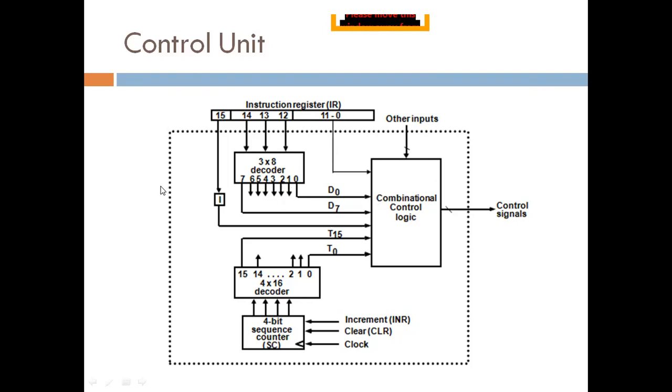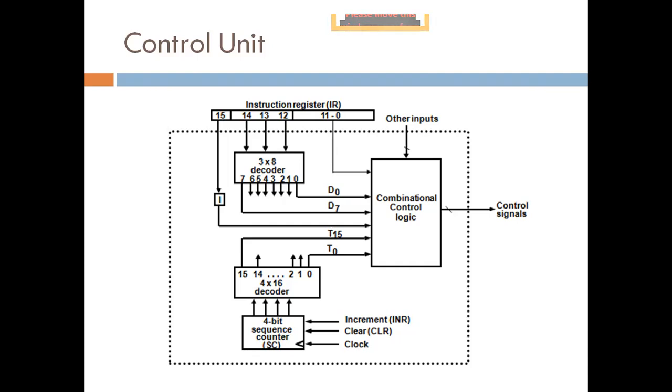Bit number 15 of the instruction, I, is transferred to the flip-flop designated by the symbol I, and bits 0 to 11, that means the address bits, are also transferred to the combinational control logic gates. Now about this 4-bit sequential counter. A 4-bit sequential counter can count in binary from 0 to 15.